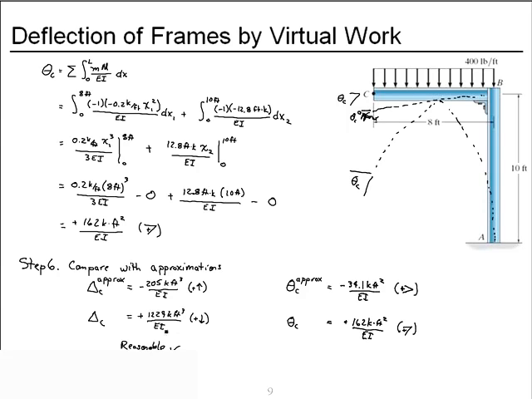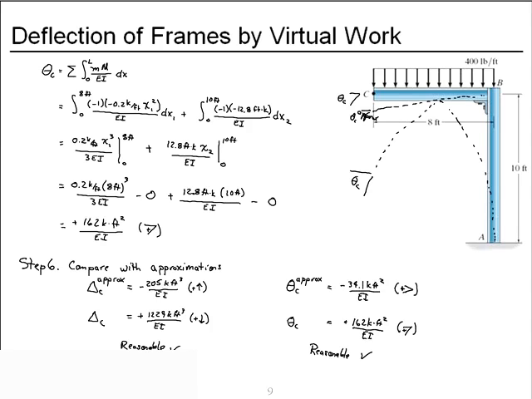And we already saw a 6 times difference in the deflection, so that's fairly consistent. Again, I'm going to call this reasonable. But if you're not convinced, once we get to the stiffness method, you can check it with yet another method.